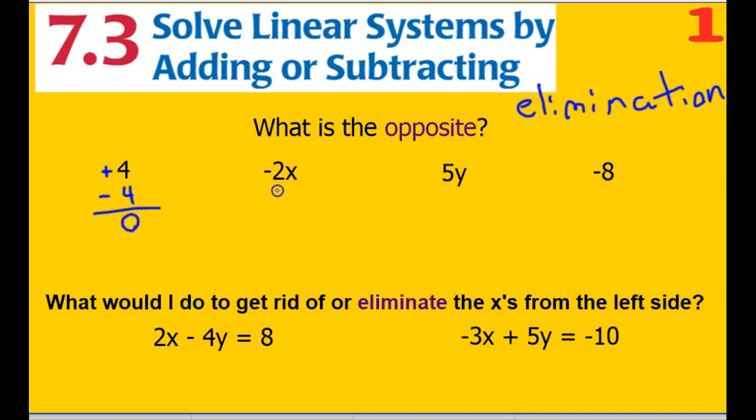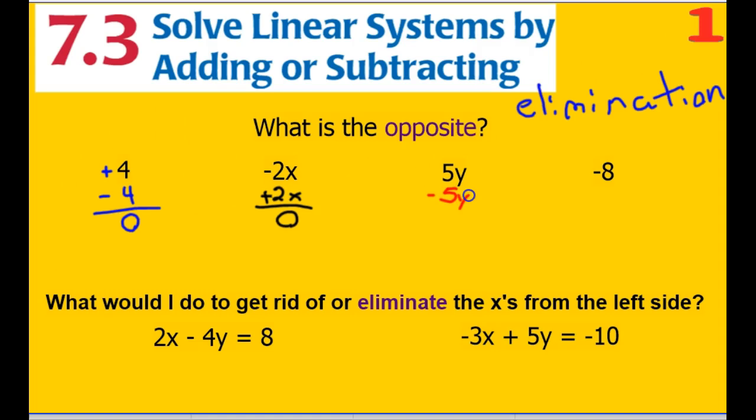What is the opposite of negative 2x? Well, the opposite of negative 2x is positive 2x. Negative 2x plus 2x gives us 0. Here, positive 5y. What's the opposite of that? Well, the opposite of positive is negative.